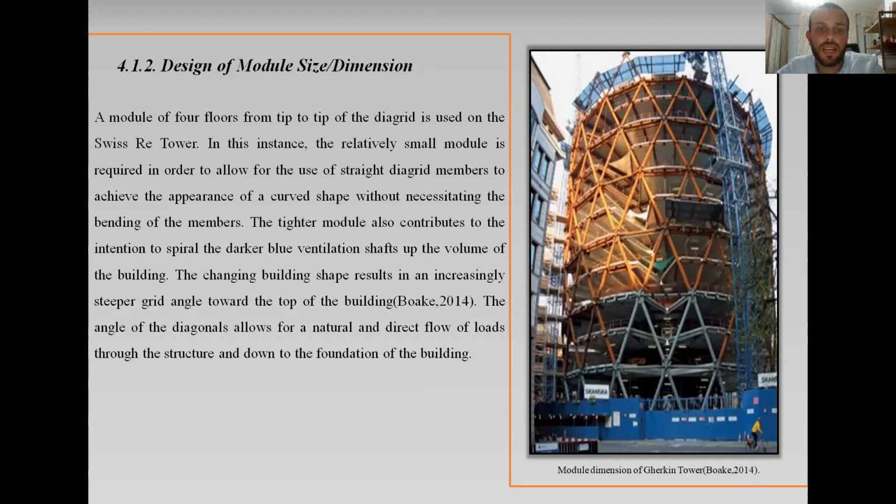The tighter module also contributes to the intention to spiral the ventilation shafts of the volume of the building. The changing building shape results in an increasingly steeper grid angle towards the top of the building.